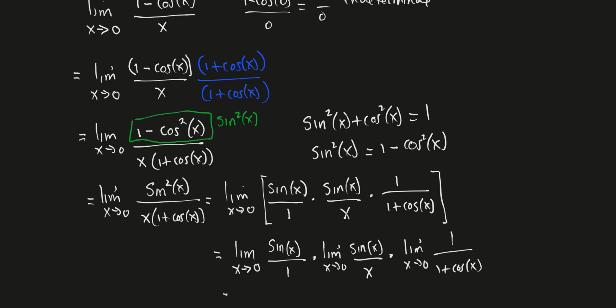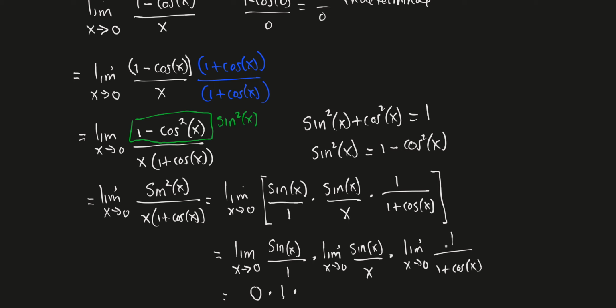Well, let's see. As x approaches 0, the sine of x approaches 0 as well. So then we have 0 times. The middle one is the one that we proved earlier, that the limit as x approaches 0 of sine of x over x is equal to 1.